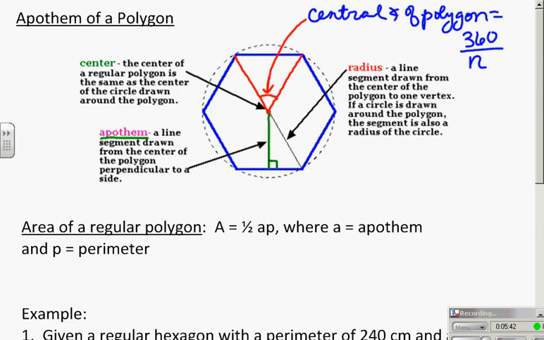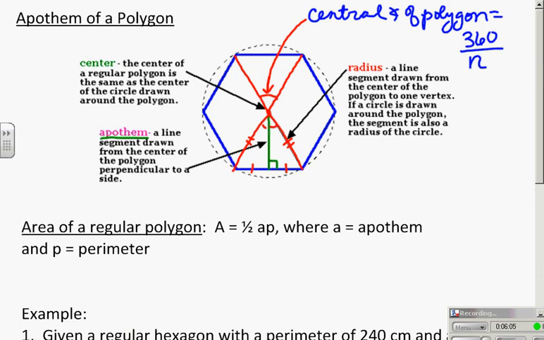Now what happens is that this apothem, which is this green line, a line segment drawn from the center of the polygon perpendicular to a side, always bisects the central angle that it is in, and it bisects the side.